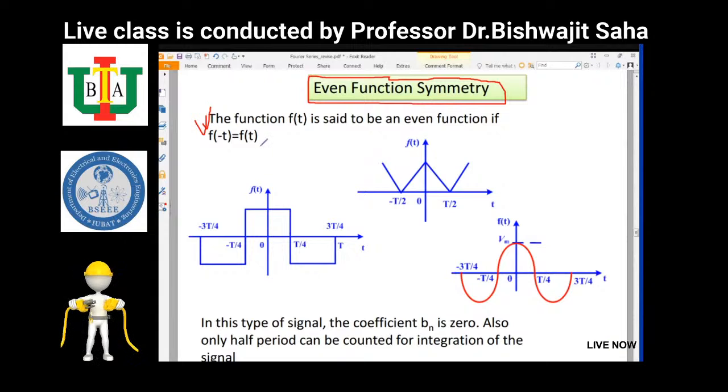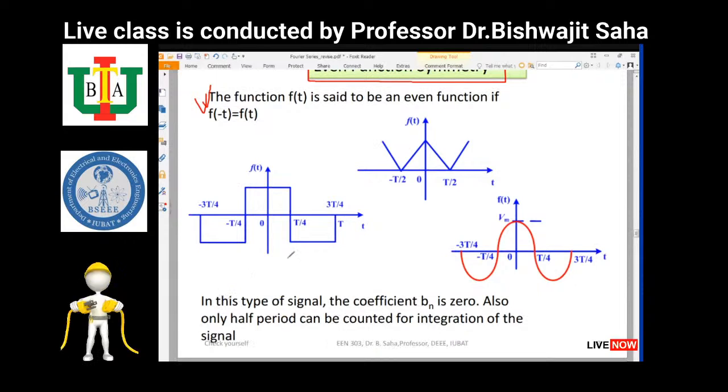If we don't follow this signal function symmetry, we can do the Fourier series as usual, as we have seen, A0, An, Bn. We can do that, no problem. But if we use the symmetry, the solution becomes shorter, because here is some clue given.